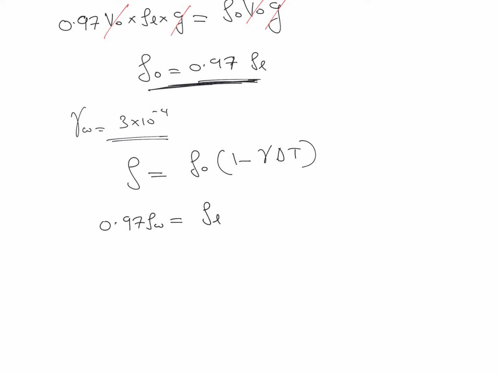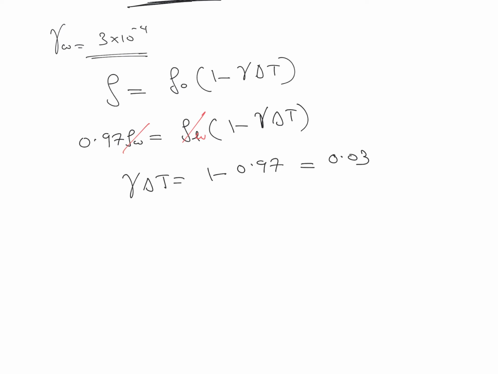So we can write 0.97 times density of liquid equals density of liquid times (1 minus gamma times delta T). The density of water cancels, so gamma times delta T should be equal to 1 minus 0.97, which is 0.03.